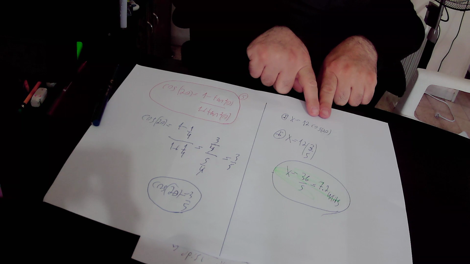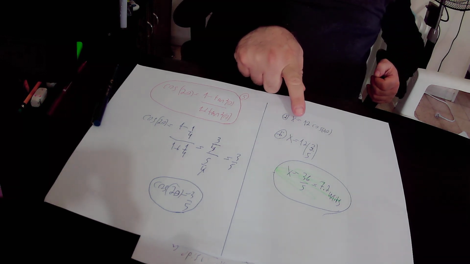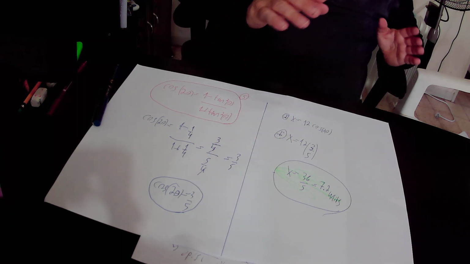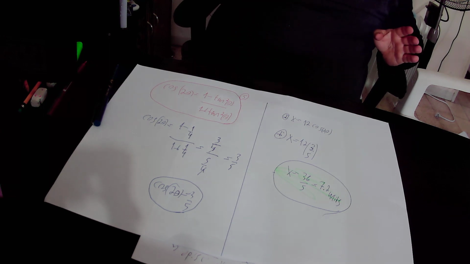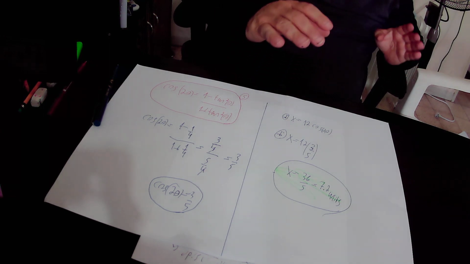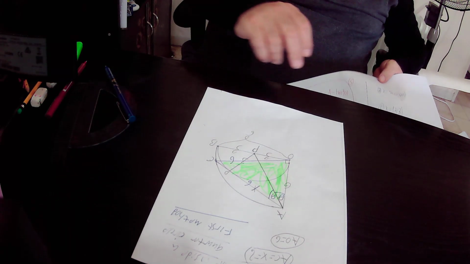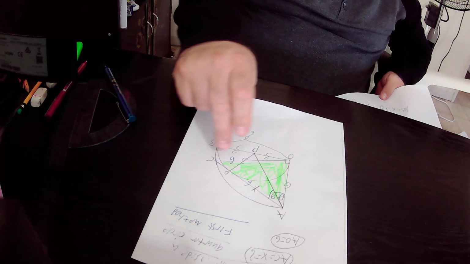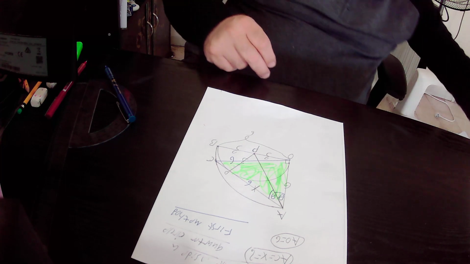We got that x equals 12 times 3 over 5. 12 times 3 is 36, and 36 over 5 is 7.2 units. So x, that is actually AC, equals 7.2 units. We finished with the first method.